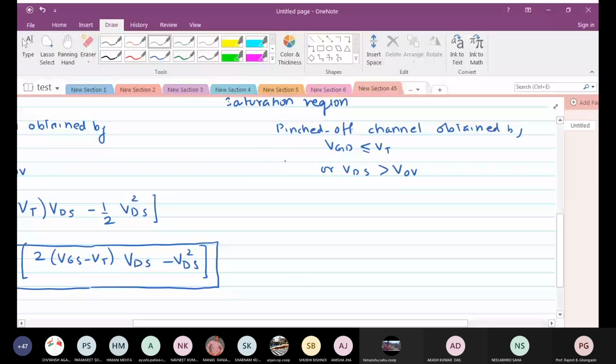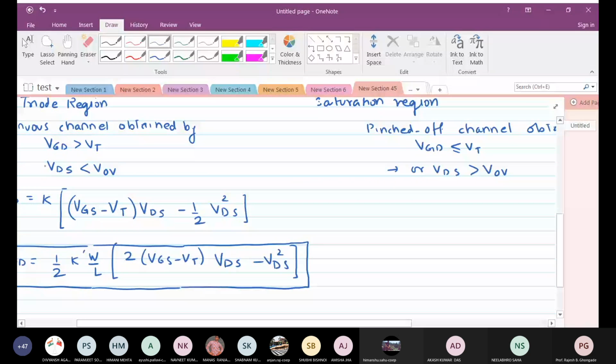Follow this second one, then you will be able to nicely understand. Okay, this and this. The upper equation is also valid, of course, but this is easier to understand.